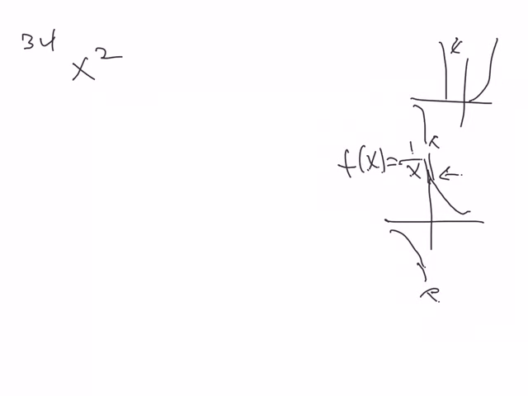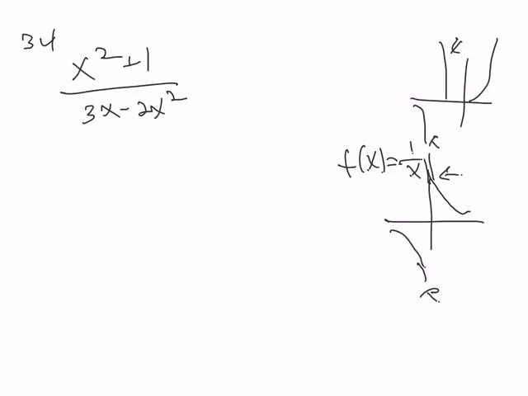Find the vertical asymptotes of the function (x squared plus 1) over (3x minus 2x squared). We're not going to graph it, but if we think about it, when will this function go to positive and negative infinity?